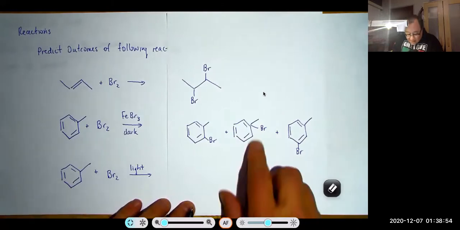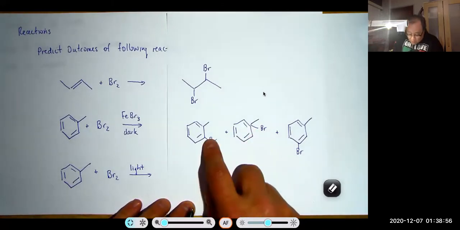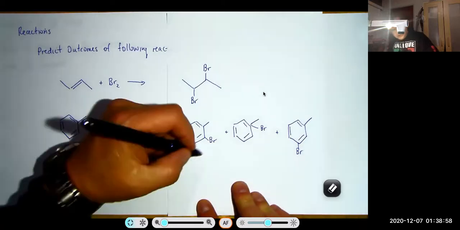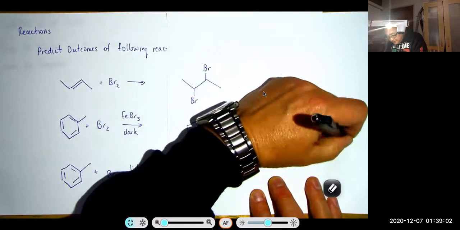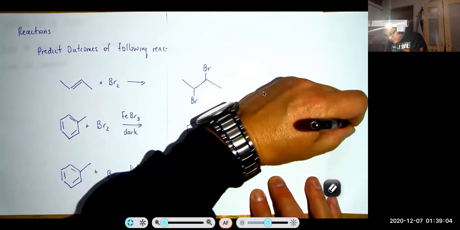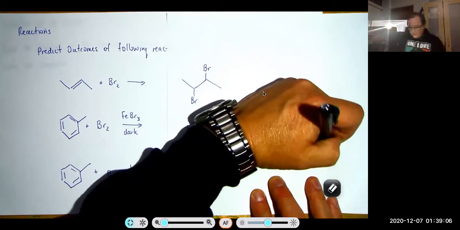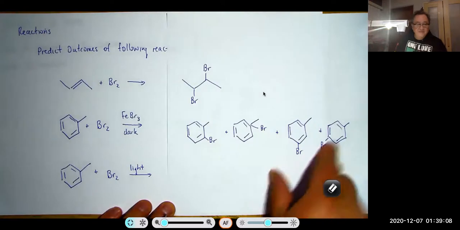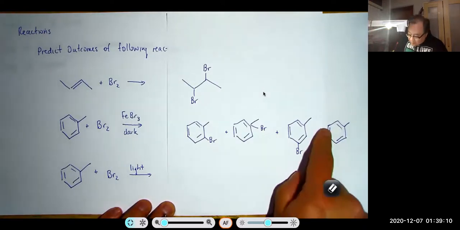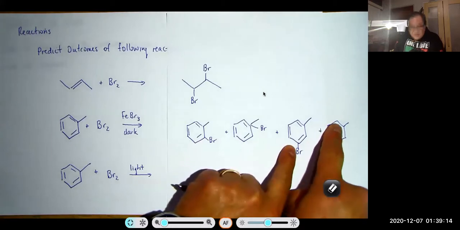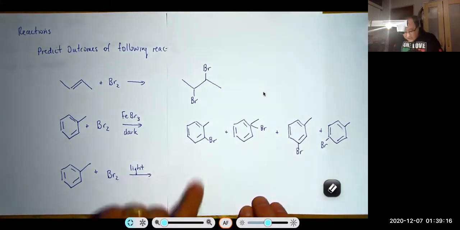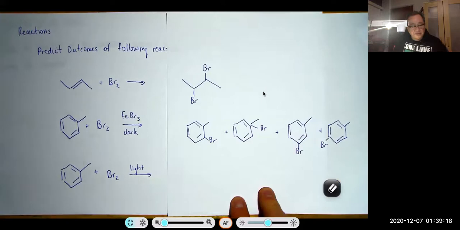So one on that carbon, one on the carbon next to it, one on that one, plus I could get one more. I could get a bromine opposite of that. Now, what would happen if I put a bromine there? It'd be the same as this one. If I put a bromine there, it'd be the same as that. So I could actually get 4 different products here.